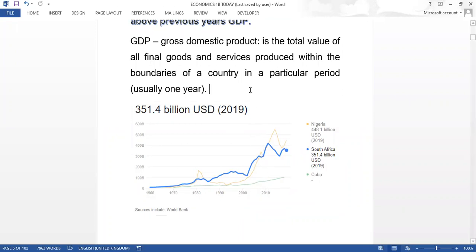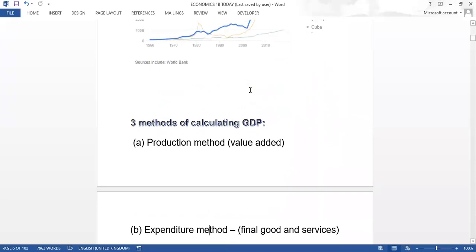So for those of you that are going to go further with the subject of economics, when you get to your MBA and you're doing your managerial economics or your economics for managers, that is where you are required now to interpret the phenomena that are happening there. But for now, we just want you to understand how to calculate gross domestic product, as well as how to use gross domestic product to calculate the value of economic growth.